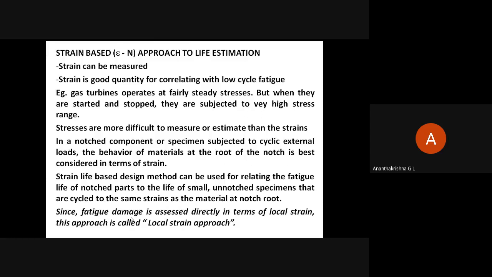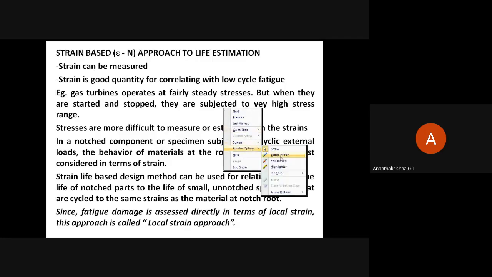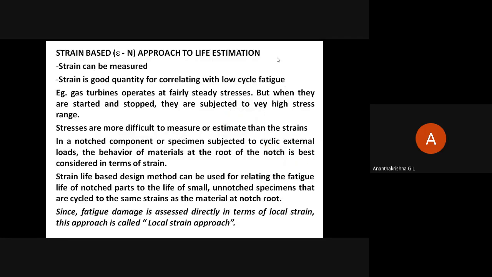So fatigue damage is assessed directly in terms of local strain. This approach is also called the local strain approach. Whenever there is a discontinuity in the form of a notch or a hole, around this notch the strain can be measured.